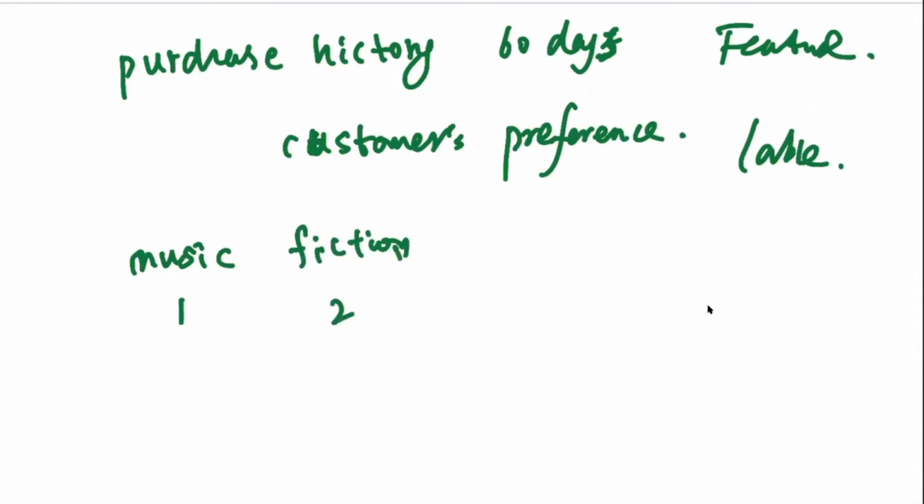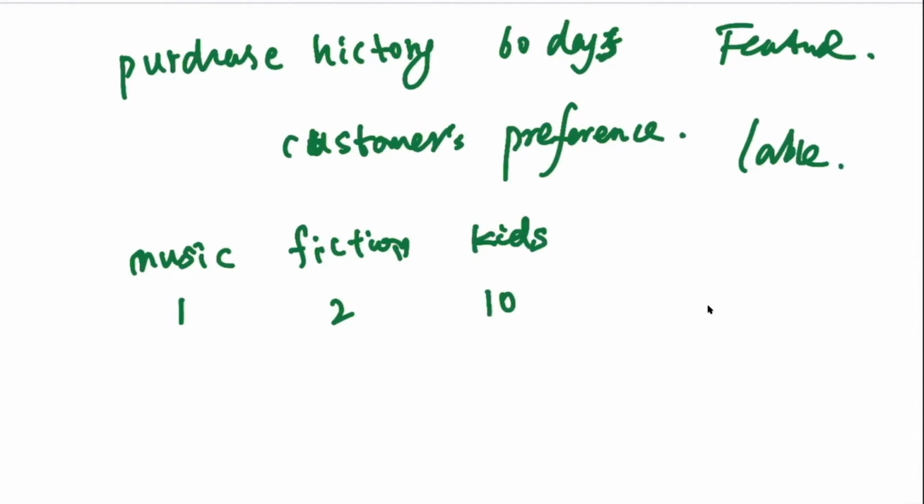If they have a kid, then they will buy some books for kids. Say this customer bought 10 books for kids. Then from this kind of data, you can predict the customer's preference, right?